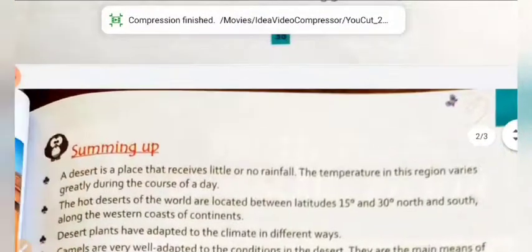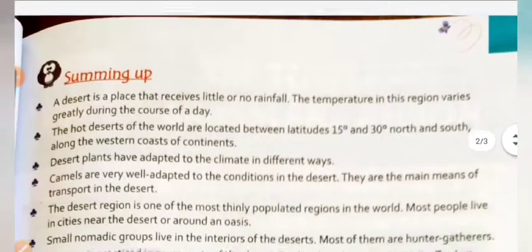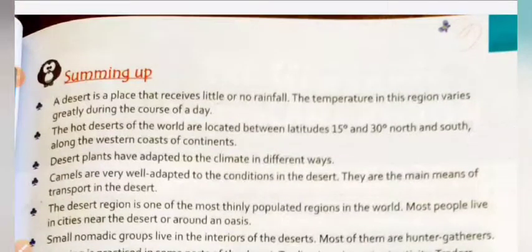Okay, so this is your lesson. Now we look at the main points of the lesson by summing up. So first, a desert is a place that receives little or no rainfall. What is a desert? A desert is a place that receives little or no rainfall.